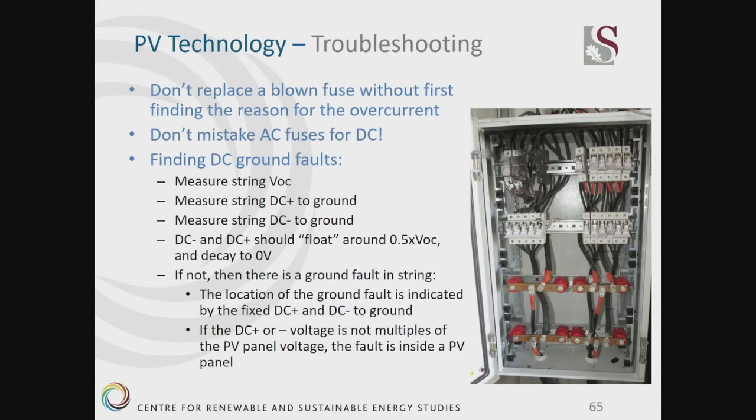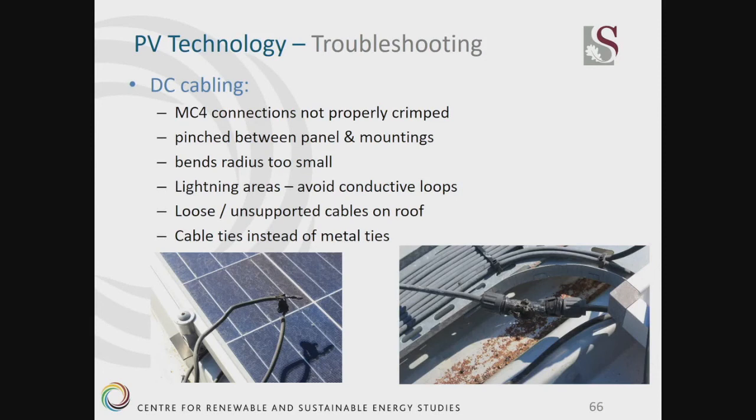If not, then there is a ground fault in the string, and the location of the ground fault is indicated by the fixed DC on the positive side or the fixed DC on the negative side. So this gives you an indication of where to go look for the fault. If the DC positive or negative voltage is not a multiple of a PV panel's open circuit voltage, the fault is inside a PV panel. So this gives you some tips to look out for.